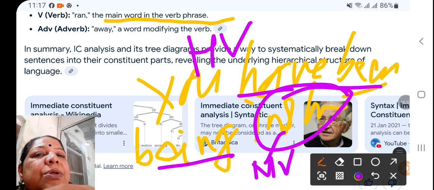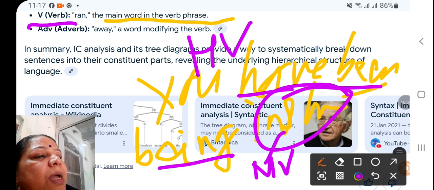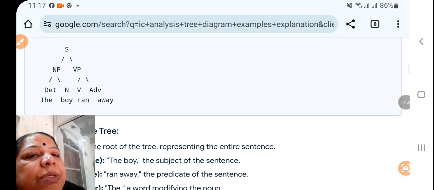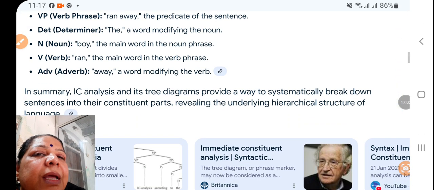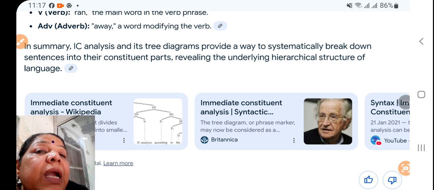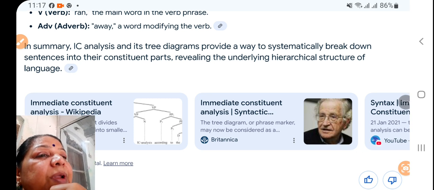So this is called the verb. Here ran is the main verb in the sentence when we take the sentence "the boy ran away." Then adverb, what is called an adverb? Away is the adverb; it modifies the verb.